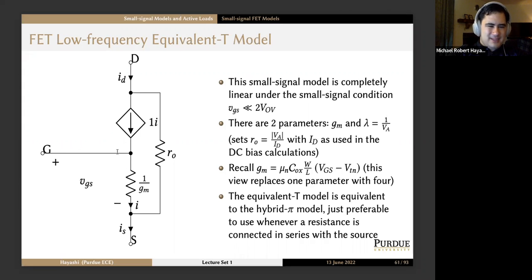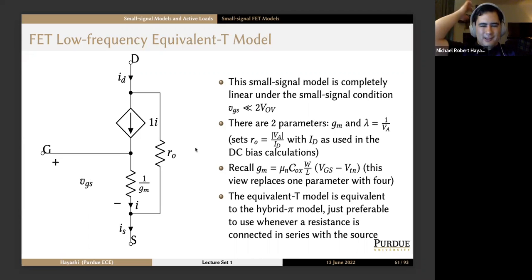So that means there must be zero current flowing rightwards into that node from the external gate. So again, this is completely linear under the small signal condition that v_gs is much less than twice the overdrive voltage. Two parameters, g_m and then lambda, used to set r_o using the DC bias calculation.